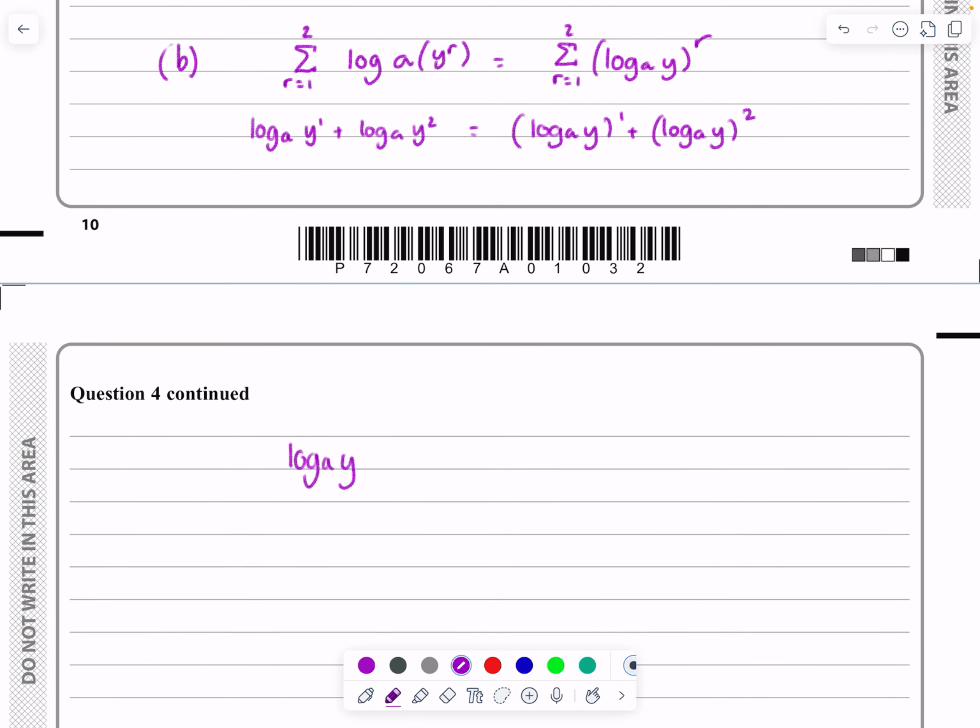That's log a y plus log a y squared is equal to log a y plus log a y all squared. Well, the first thing we can do is we can say that that cancels with that.